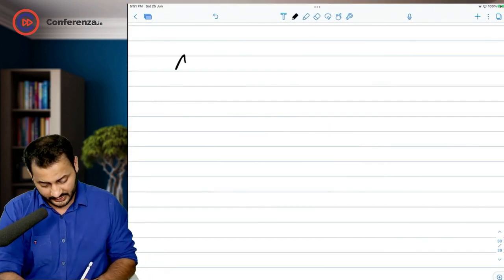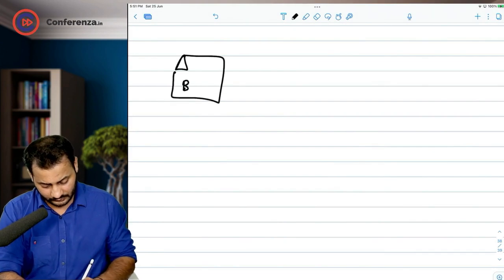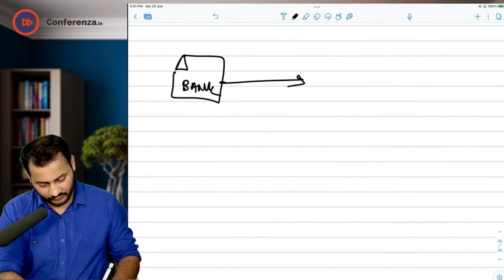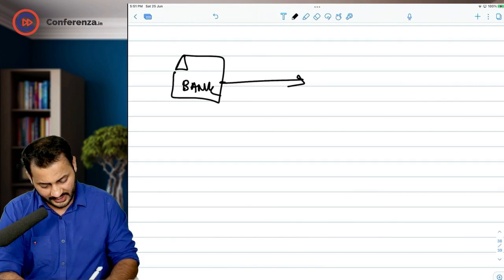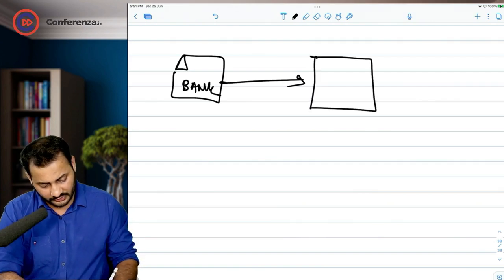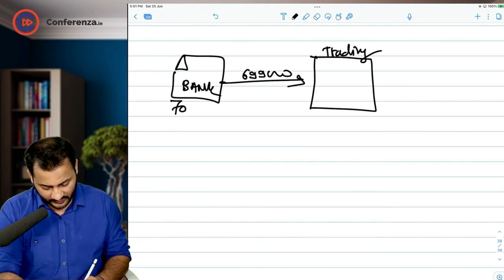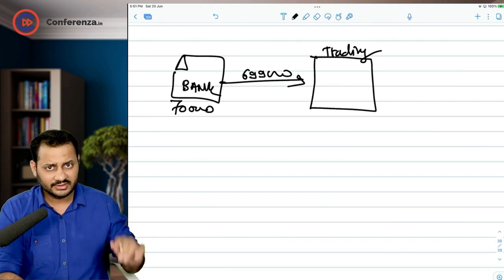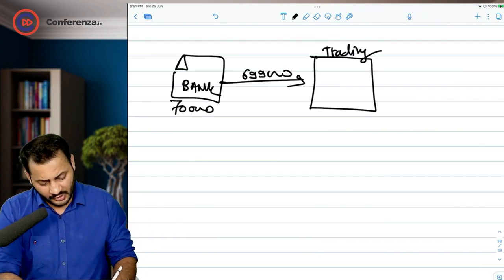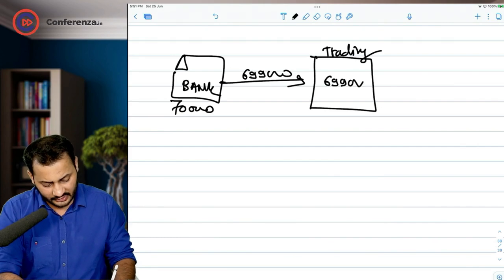Now let's explore a little. From the bank account, on that day, you will transfer the maximum possible amount, that is 6,99,000. You have 7 lakh in here. Out of that, 6,99,000 will be transferred. Here you will have 6,99,000.